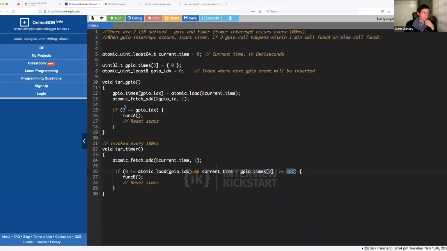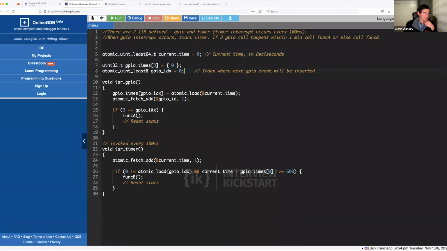So once this has gone through one iteration and we've called func A or func B, and then we reset the statistics, well, it doesn't really matter which set of statistics we reset. We could reset current time and reset these guys, or we could keep current time continuously incrementing and just reset these statistics.